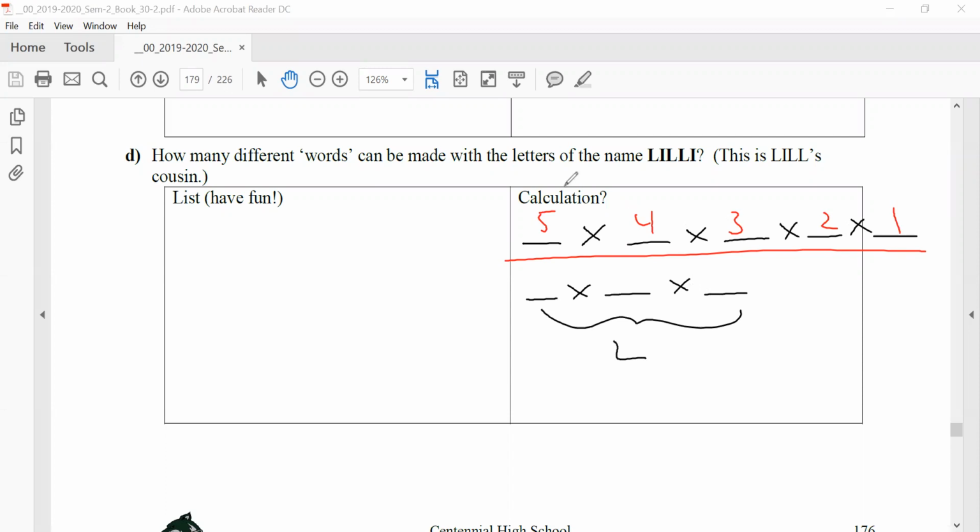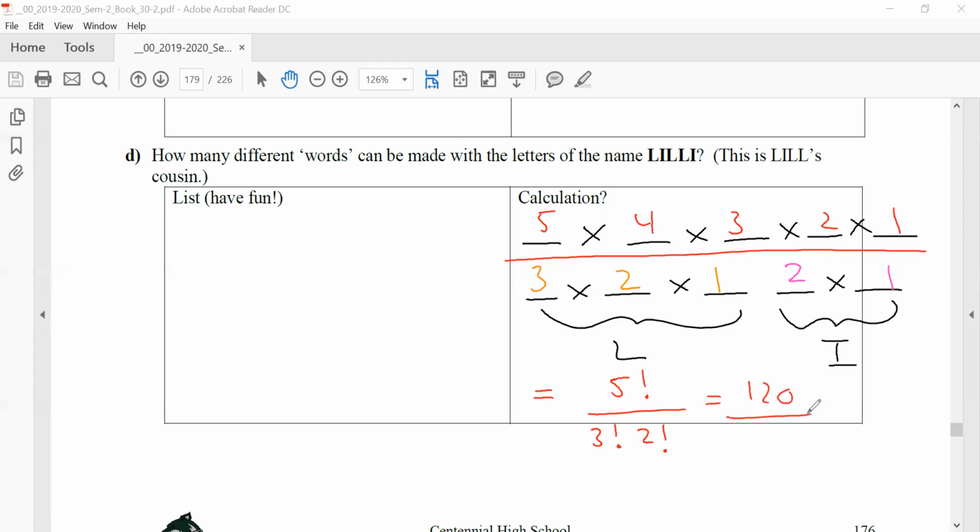And then I want you to notice that we've also got 2 I's that are identical. So I'm going to arrange my L's: 3, 2, 1. I'm going to arrange my I's: 2, 1. And now I'm just going to write this in a much simpler way. This is going to be 5 factorial divided by 3 factorial times 2 factorial. You can go ahead and put that in your calculator. That's going to be 120 over 12. There should be 10 ways to do this.